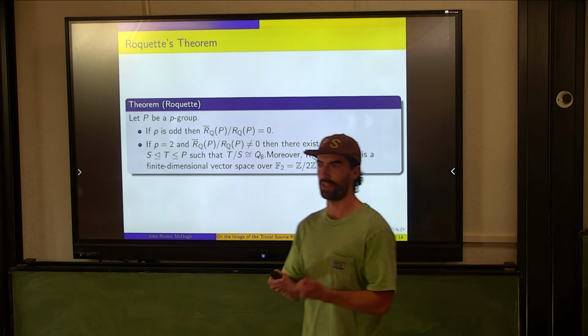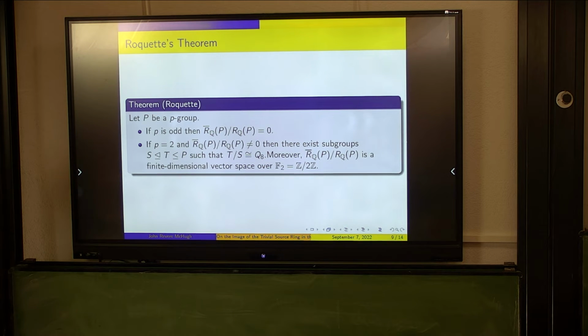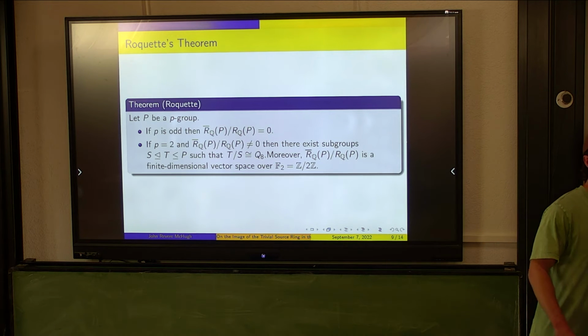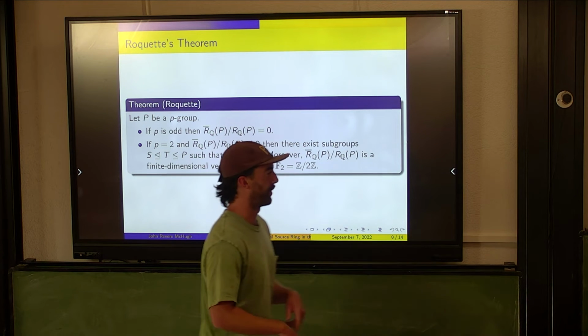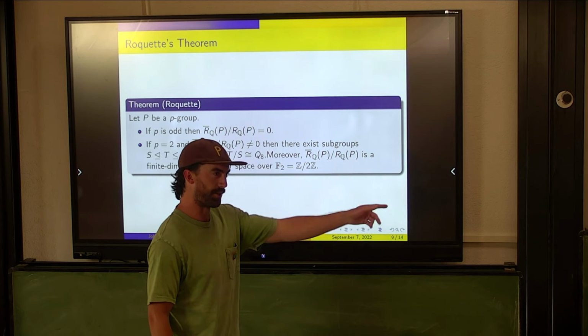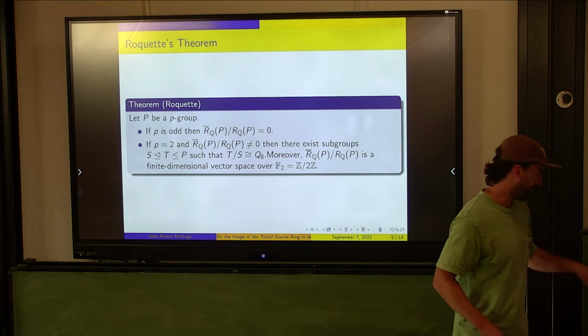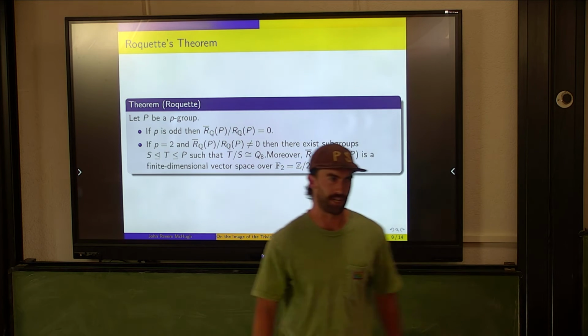But based on the computations and knowing this theorem, it seems like the value of this co-kernel at the P groups somehow influences what's going on everywhere. So rather than fixing a group G and computing that co-kernel, I'd rather look at all groups and think about the value of this thing at every group and focus special attention on the P groups.